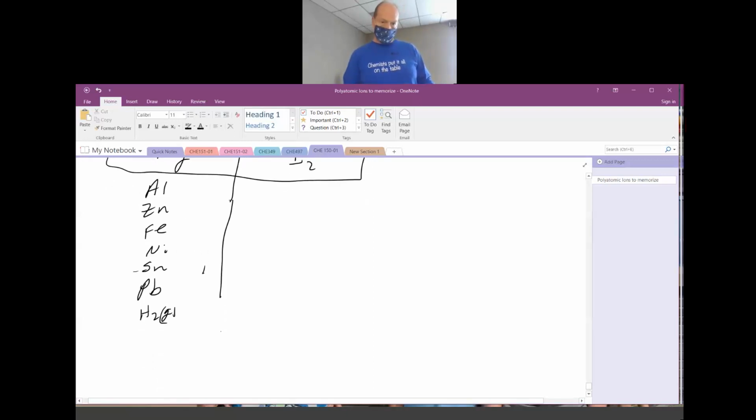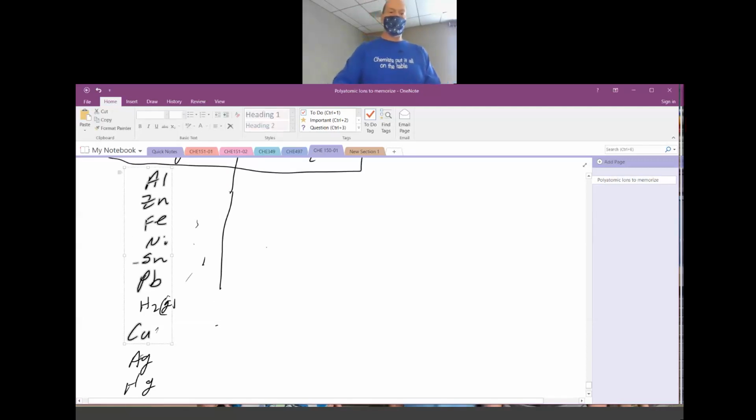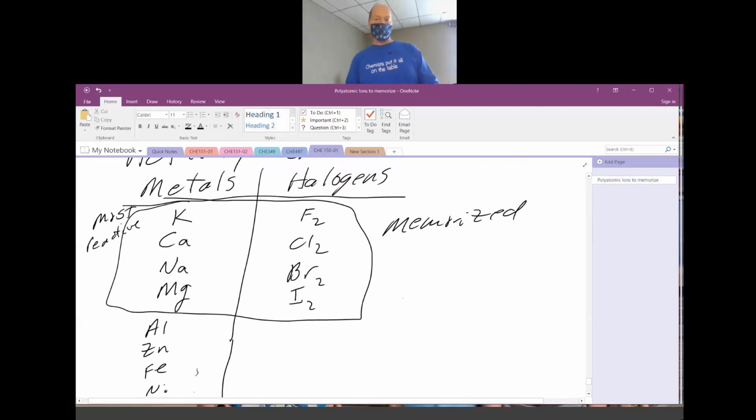All right, then copper, then silver, mercury, and gold. So this order doesn't really matter unless you're working a problem that uses these metals to see if a reaction occurs or not. On the test, all you have to worry about are the top 4.